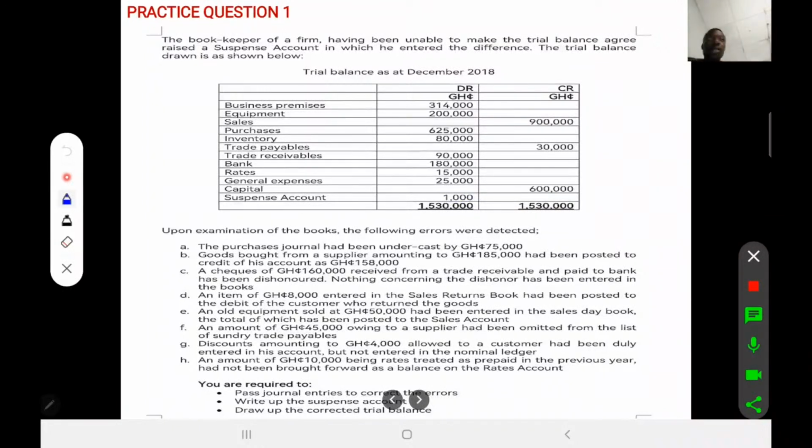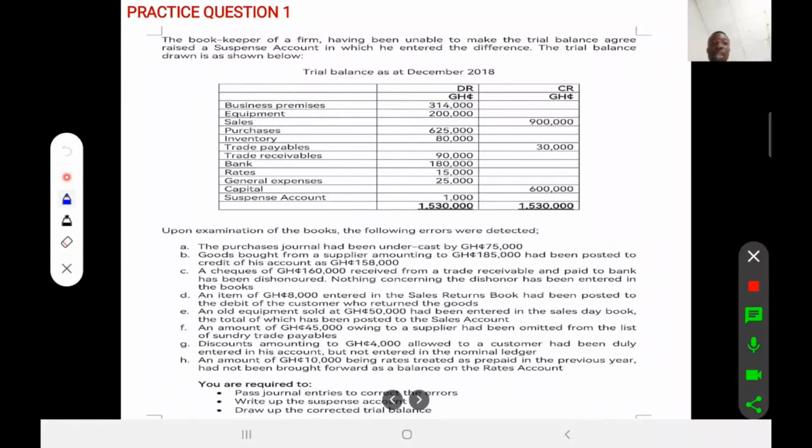You look at all the errors that were made and corrected in the journal, and that have a relation with the items here, like premises, equipment, and those items. If the item that you corrected in the journal has any effect here, you need to adjust it. Remember, we're having equipment, right?